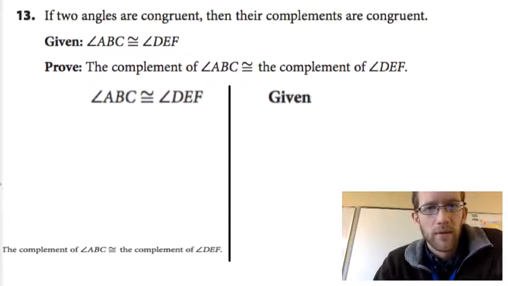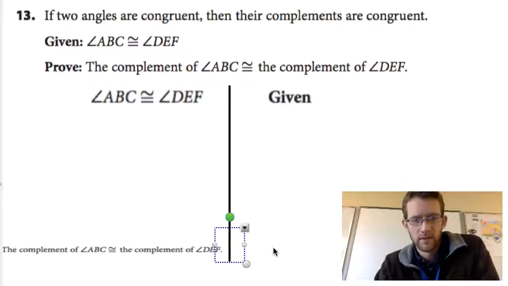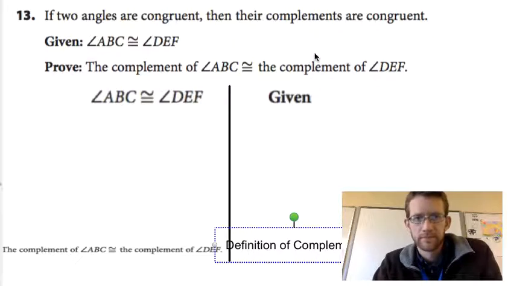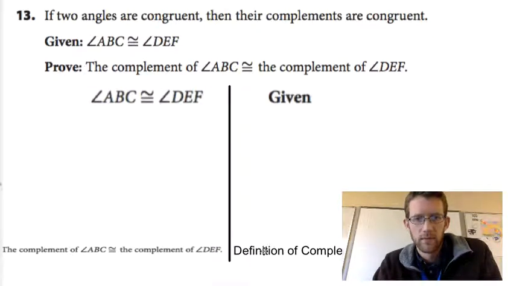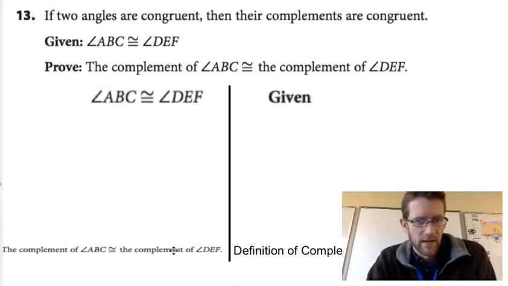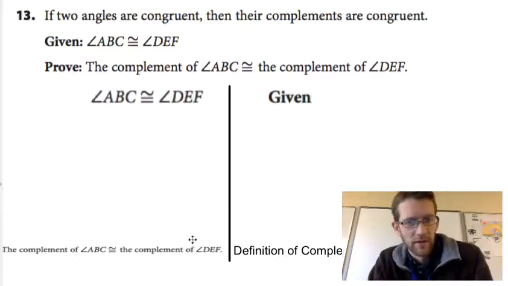So we should think, maybe one of the reasons over here on the right should be definition of complement. So this is a likely reason for us to get here. What information allows us to use the definition of complement to call it the complement?